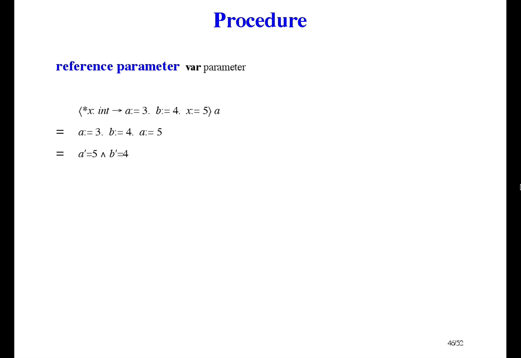A problem with reference parameters is that the procedure body has to be a program with no other specification notations. If we write this procedure body as A prime equals 3 and B prime equals 4 and X prime equals 5, we can't get the right result by substituting A for X or even A prime for X prime.